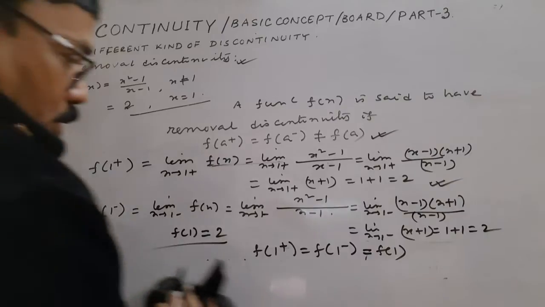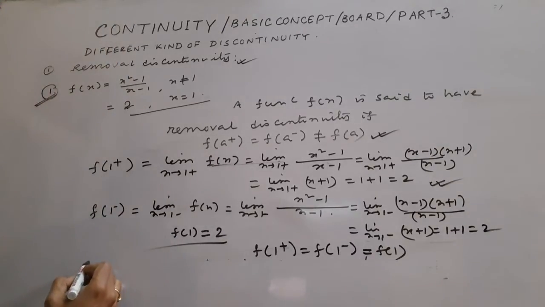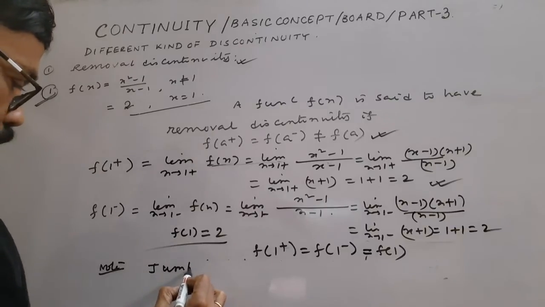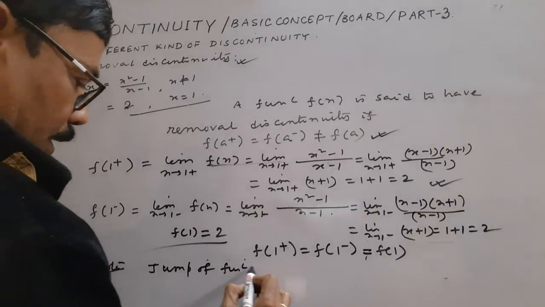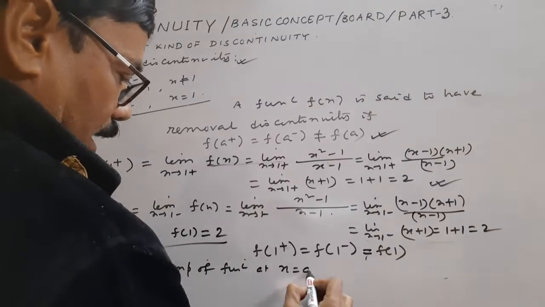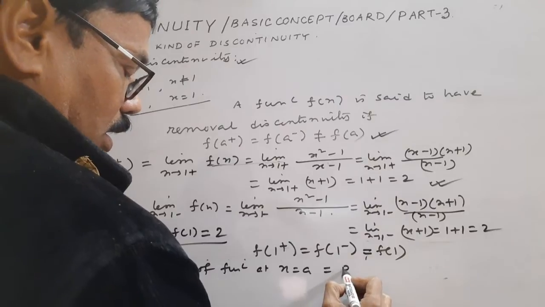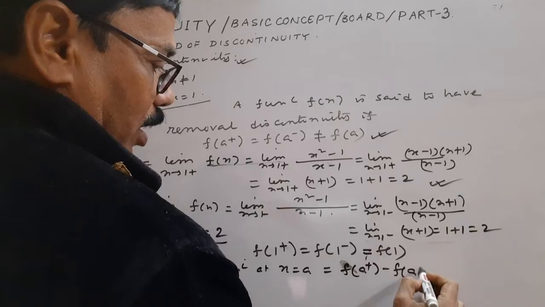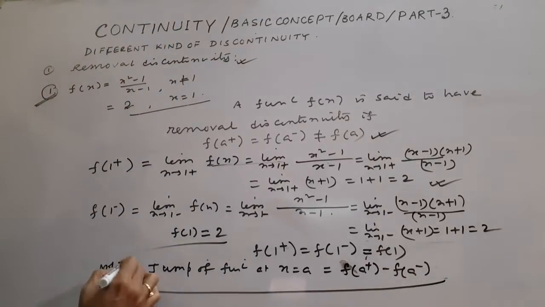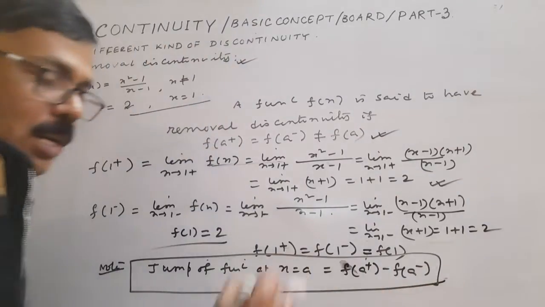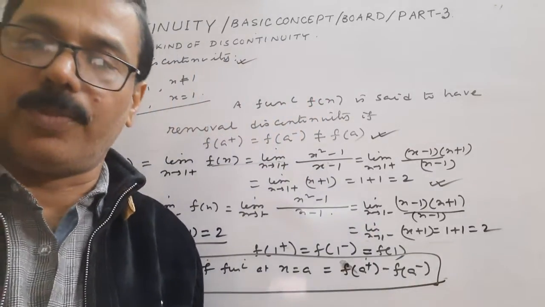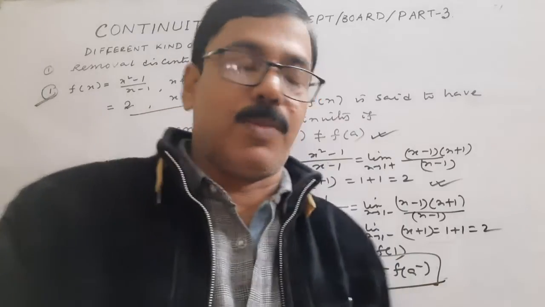Now, note, what is jump of a function? Jump of the function at x = a equals f(a+) - f(a-). So the difference of the right hand limit and left hand limit at the specified point is called the jump of the function.